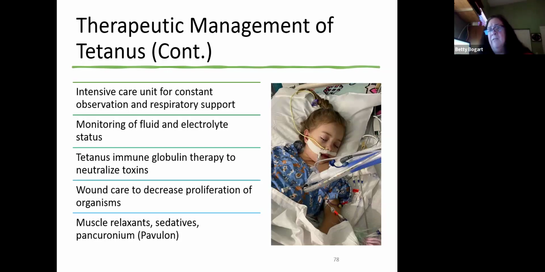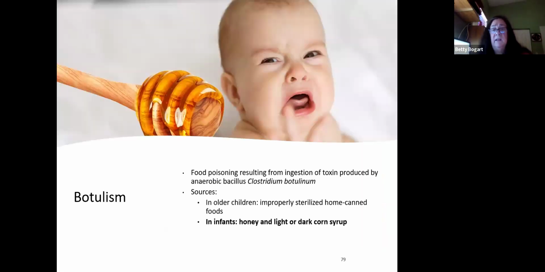And wherever that wound was, clean it with an antibiotic ointment, because these children get severe neck spasms from tetanus. It's so painful. We tend to just paralyze and sedate these children and try to get them over the hump so they don't have to feel all that choking and swelling in their neck. So, very sick kid.